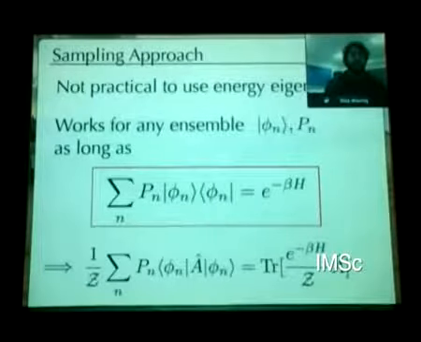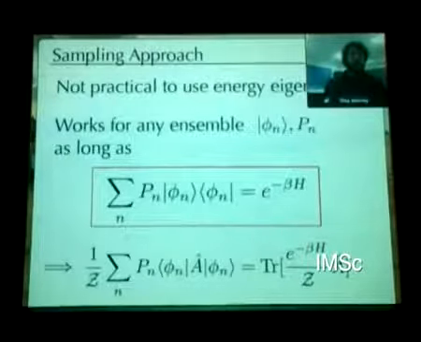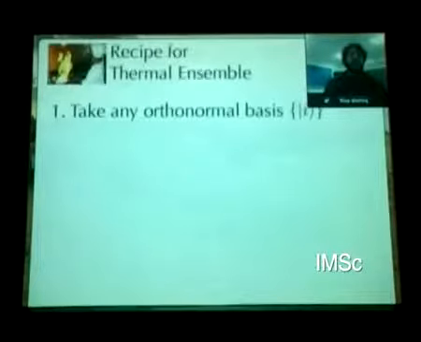The energy eigenstate ensemble is one example. The sufficient condition is that this ensemble is a set of states phi n, and let me point out these states can repeat. So the phi n's could all be the same, or they could be different.